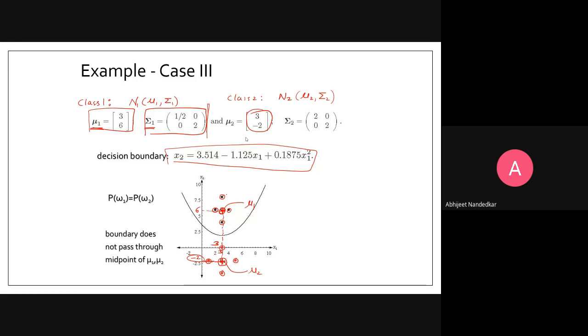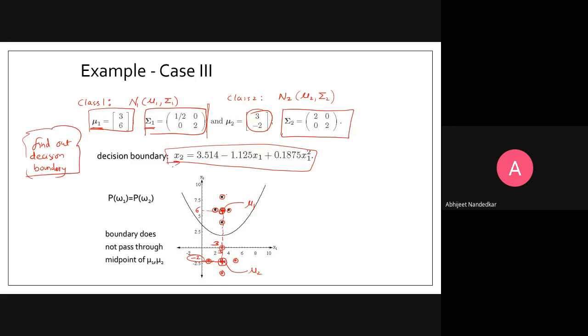Right now it is given to you ready-made, and we will take it as it is. So this is sigma 2 for group 2 and this is sigma 1 for group 1. So everything is known to us. Now the question is to find out the decision boundary. So this is my question.